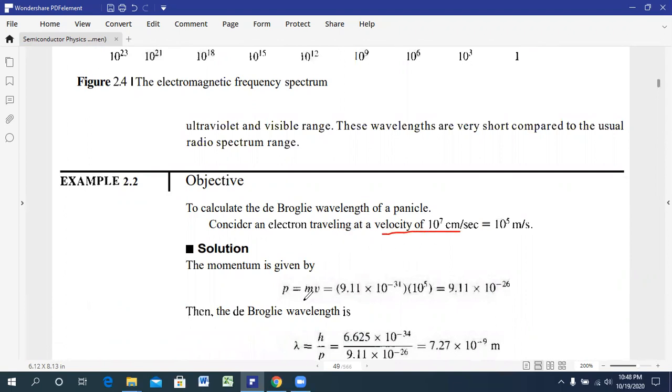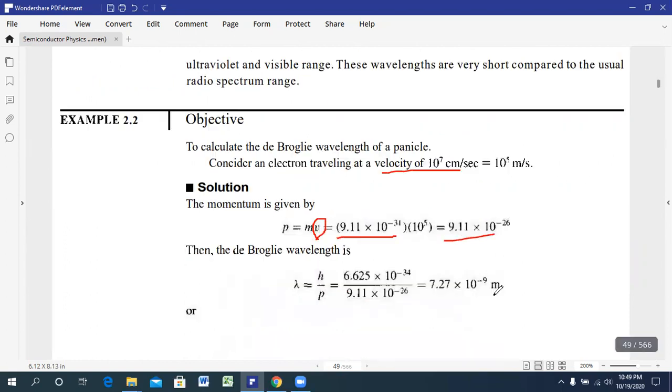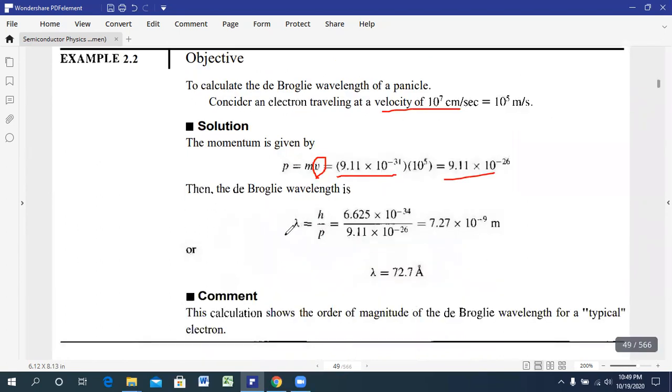You know the mass of the electron is 9.11 into 10 to the power minus 31, and the velocity is given as 10 to the power 7 centimeter per second. We have to convert from centimeter to meter. This gives the momentum. After that, lambda equals h divided by momentum, so you will get the wavelength value.